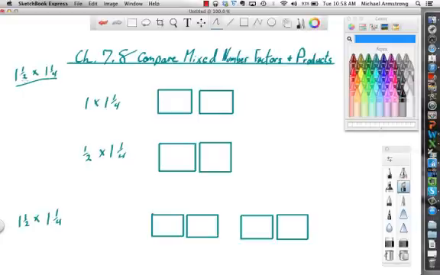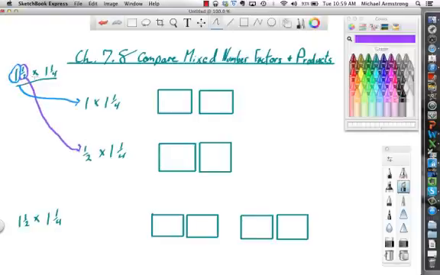What we notice is 1.5 times 1 1/4. 1 times 1 1/4 is this 1 right here, and then down here, 1/2 times 1 1/4 is this 1/2. And so we're breaking it up into two pieces.